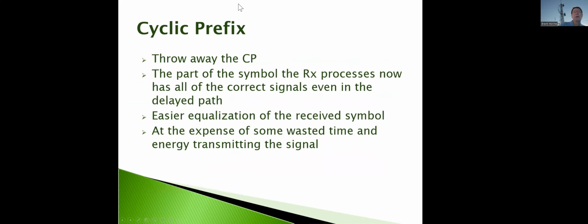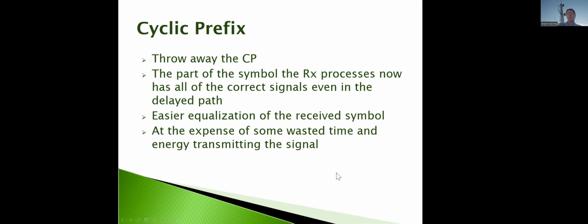And what we're going to end up doing is we're going to throw away that cyclic prefix. The part of the symbol that the RX processes now has all the correct signals, even in the delayed path, okay? And that's going to lead to easier equalization of the received symbol.